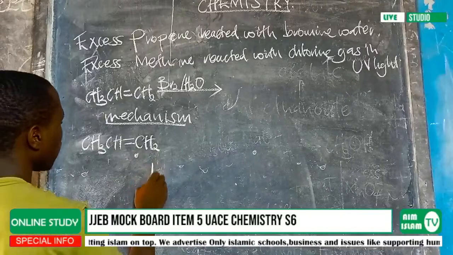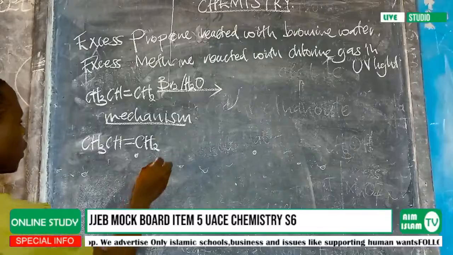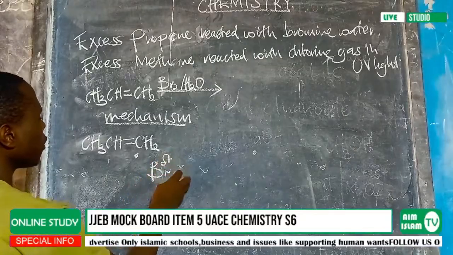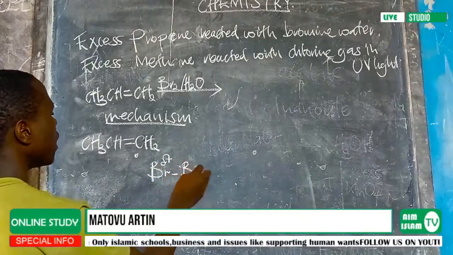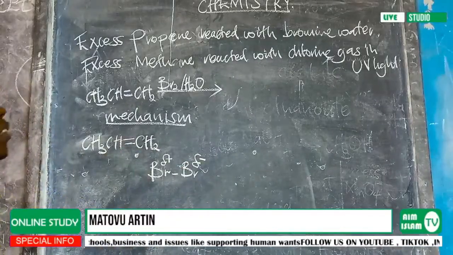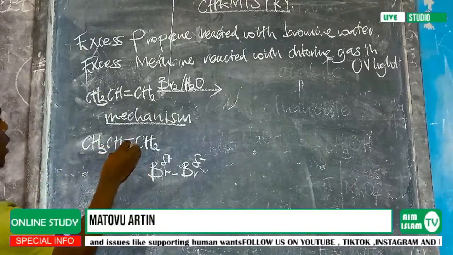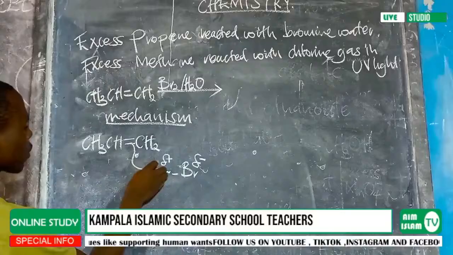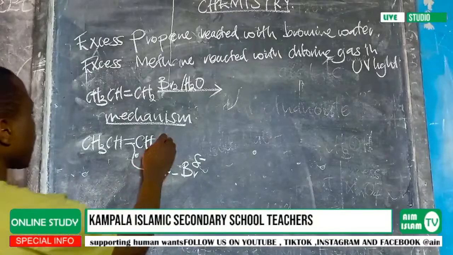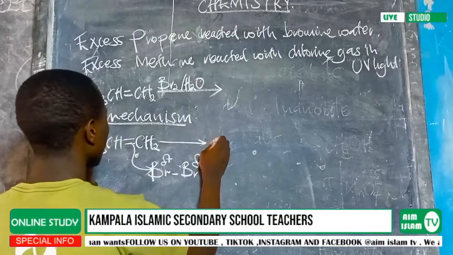Then bromine will split to give us a partial positive and bromine a partial negative. So this one, it is a nucleophile. It is electron rich compared to this one. So this double bond will attack that electrophile.